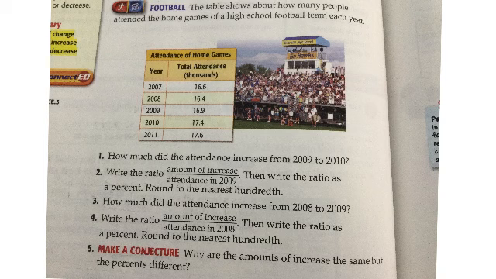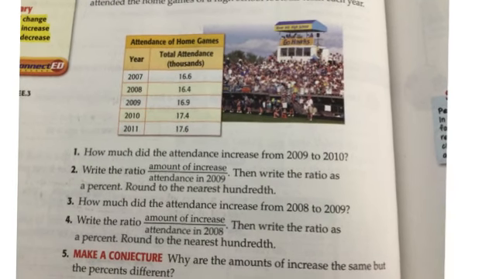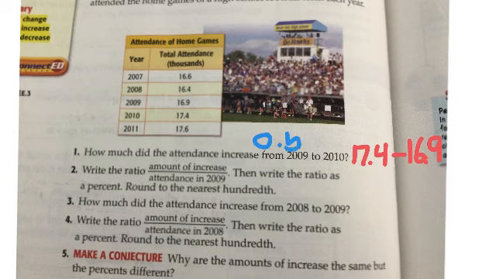We just want to know how many more people came in 2010 than in 2009. So we just subtract. How many people came in 2010? 17.4 thousand. Then we subtract how many came in 2009? 16.9. That gives us 0.5 thousand, so that's half a thousand, or 500 people.